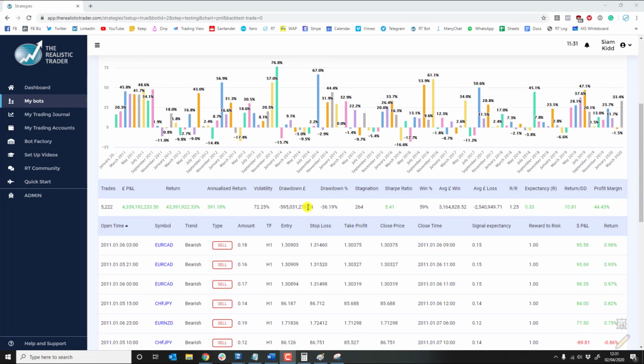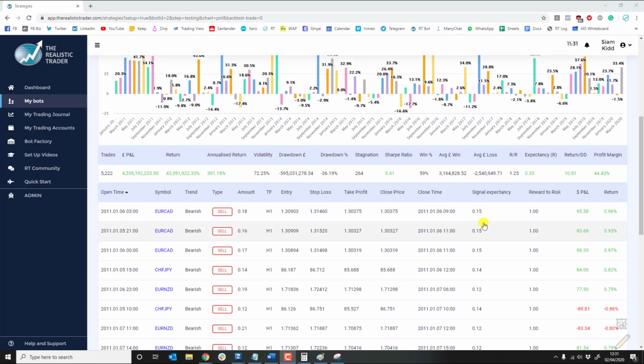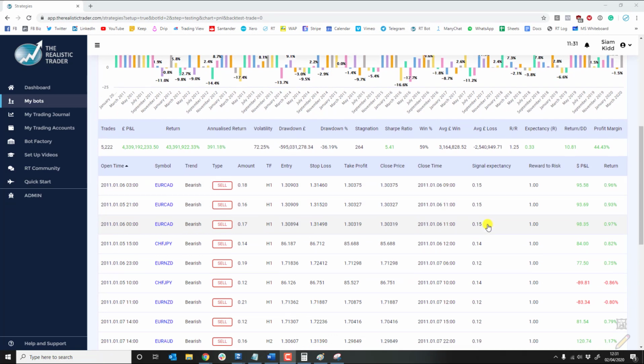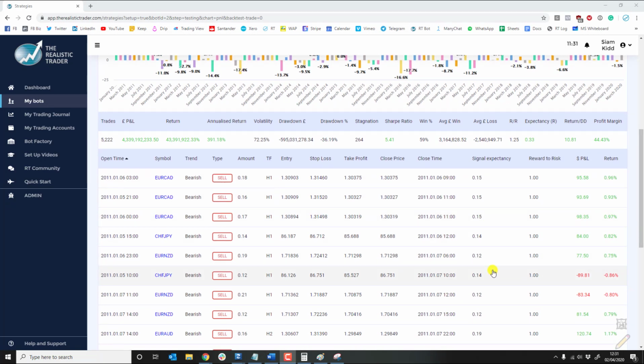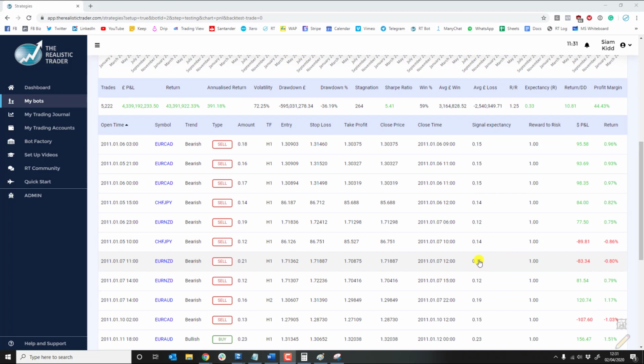Okay, so basically remember, the risk is based on the signal expectancy. So we've got it at 6.5. For lower expectancy trades you'll be risking a lot less. So here, 0.12, you lost 0.8%.